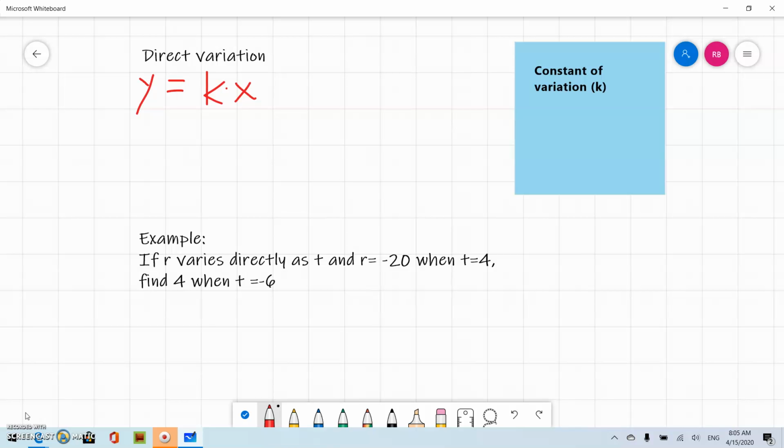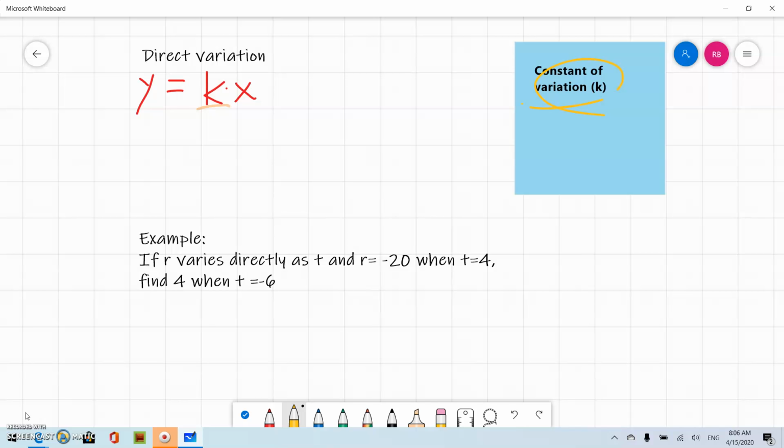We often use k, but it can be any other constant. It is a number, guys, even though right now it's written as a variable, because we haven't found what k is. K is called the constant of variation, and it's probably the first thing you need to find in the variation problem so that you can solve the rest of the problem.